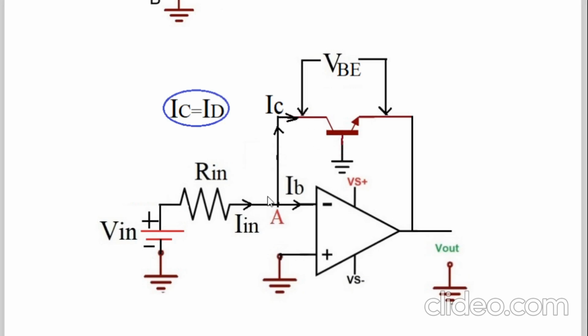The collector is connected to the virtual ground point, and the virtual ground and the real ground get short circuited to each other. Therefore only one junction remains active, that is the base to emitter junction, and therefore we can say that VBE is equal to VD. If you understood this diagram, everything is the same, as only the diode is replaced by a transdiode.